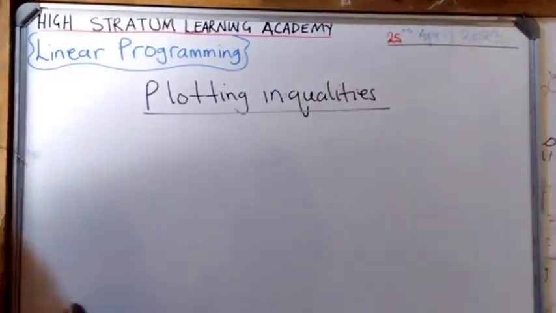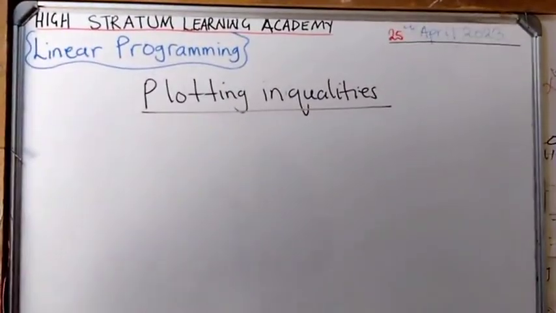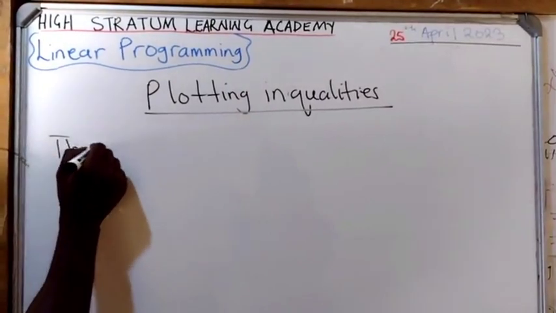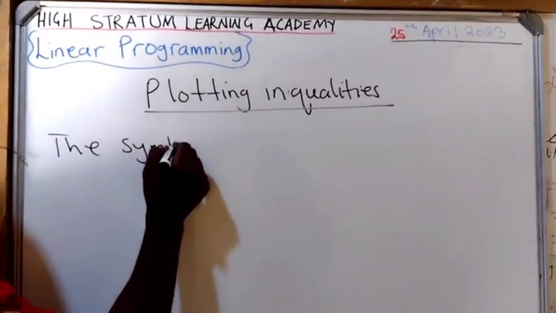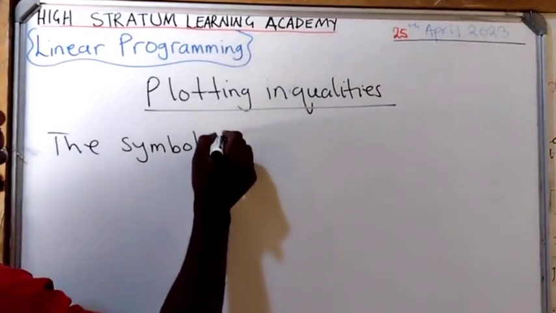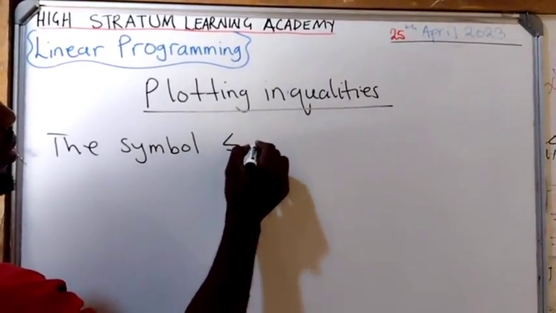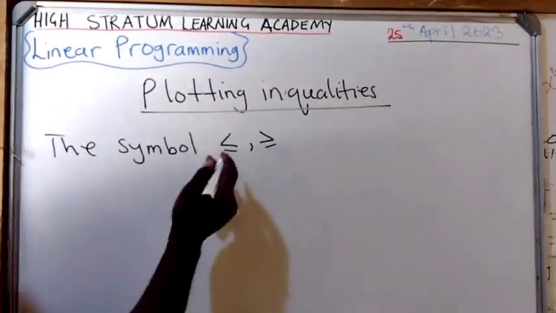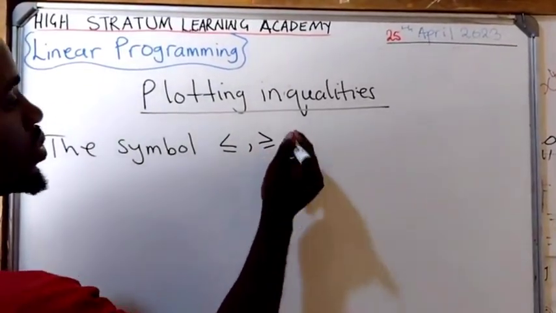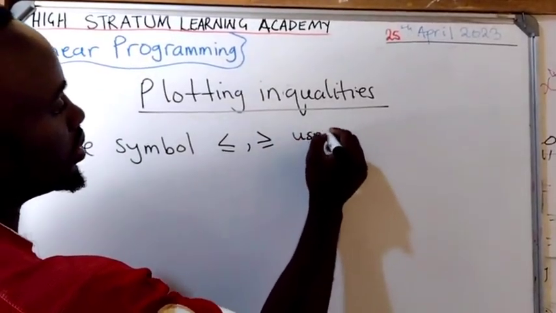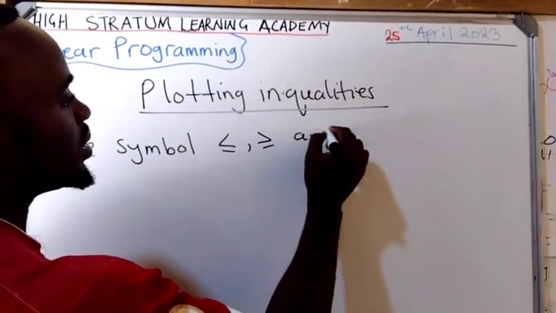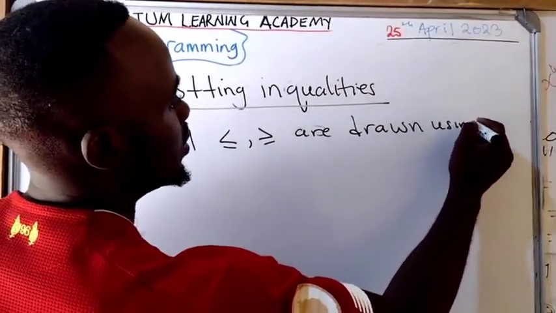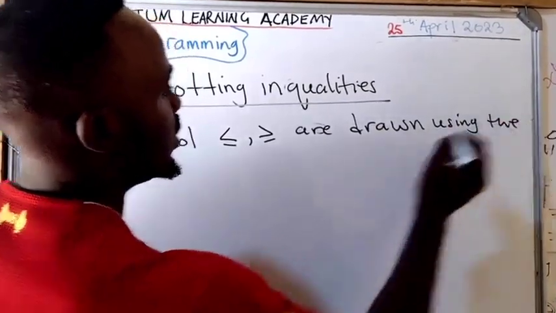First, before we look at examples, we have said the symbol less or equal to or greater or equal to are drawn using the solid line.